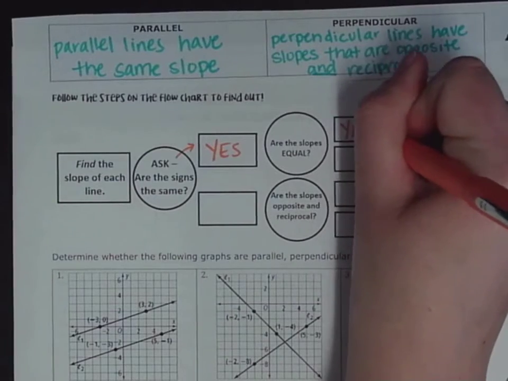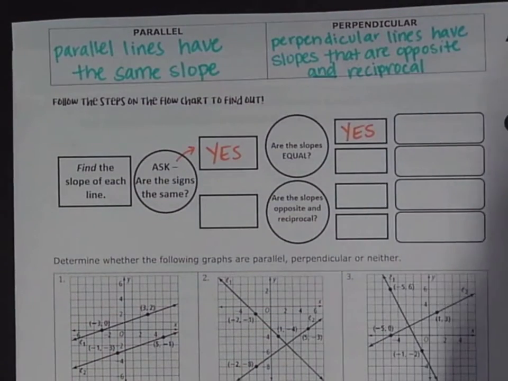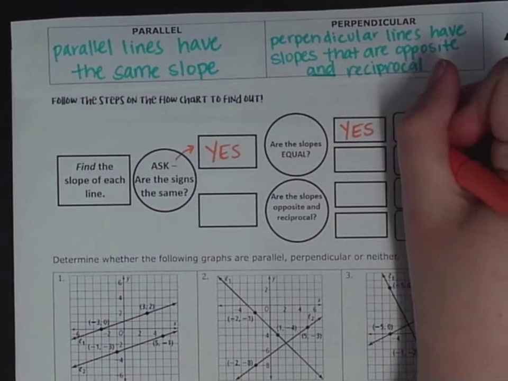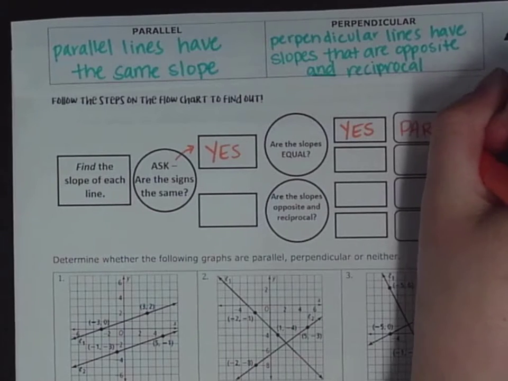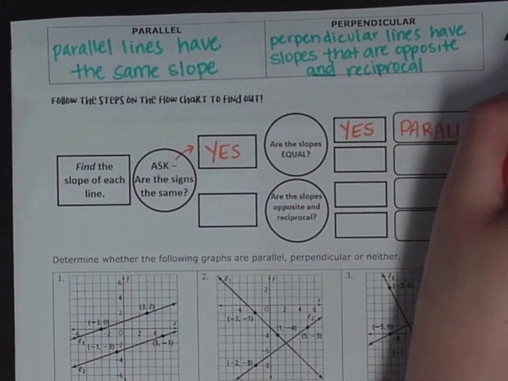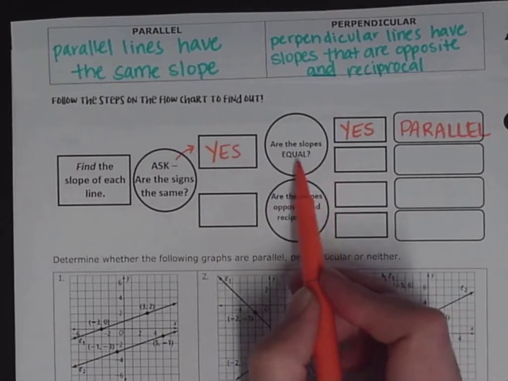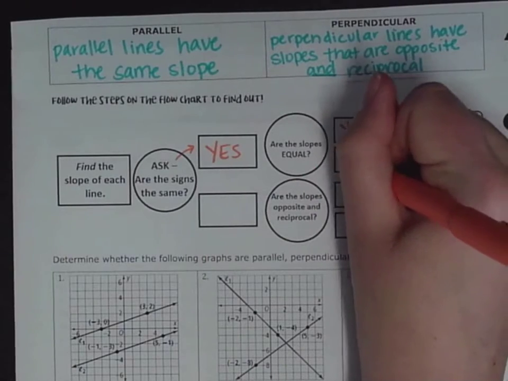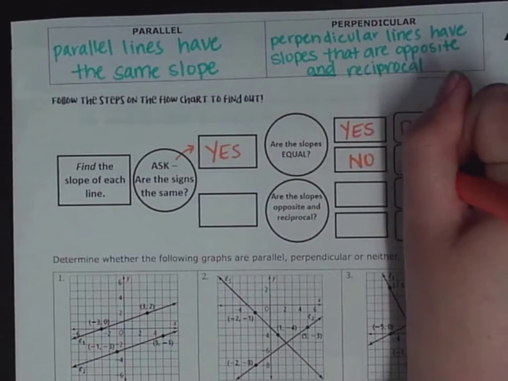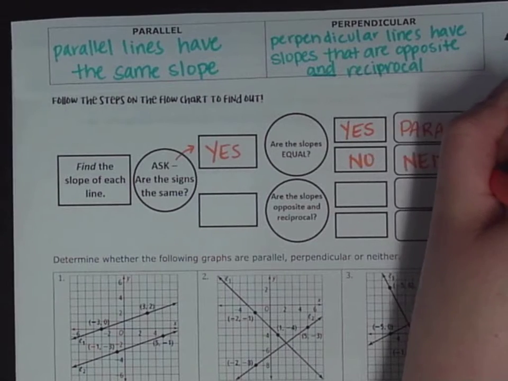If yes, they have the same sign and the same number, then they are parallel. So if the signs are the same but the slopes are not equal, then they can't be either parallel or perpendicular.